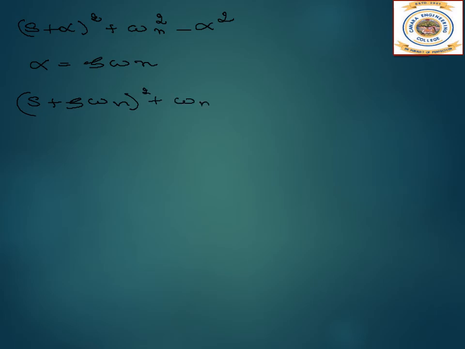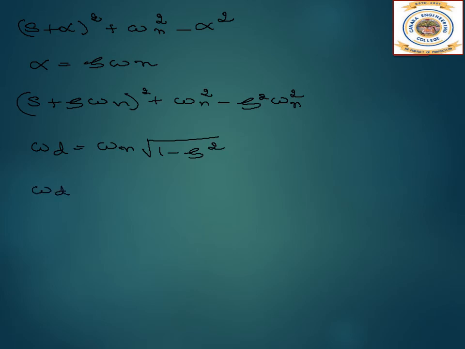So applying the formula, I can write it as (s plus alpha) the whole square plus omega n square minus alpha square. We know alpha is equal to zeta omega n. So let us substitute over here: (s plus zeta omega n) the whole square plus omega n square minus zeta square omega n square. And also we know omega d is equal to omega n root of 1 minus zeta square.